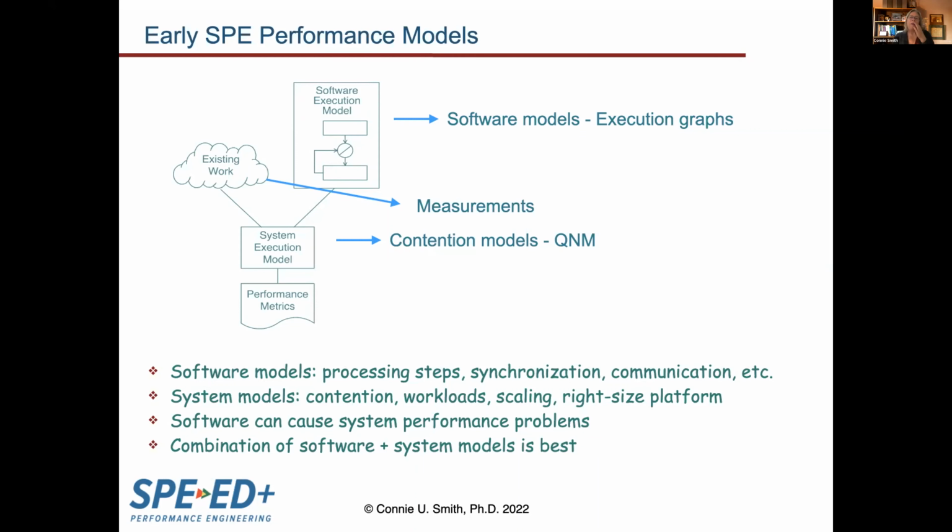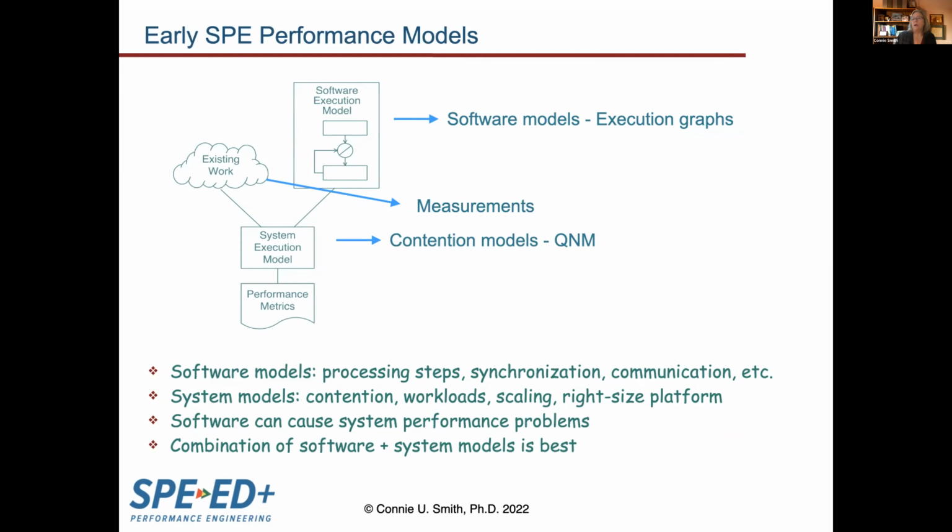If there's looping or repetition or synchronization or communication with other processes, then you specify when and in what order those things happen. And you could do an analytical solution of that. It was just a graph theory solution, and get some initial feedback on, will this idea even work? And for the applications back then on the machines they were running on, you could often get the answer just from that model that there's no way we can deploy this. We have to come up with a different plan.